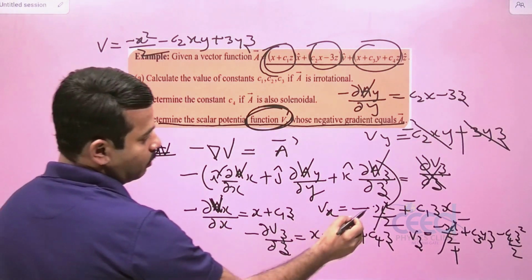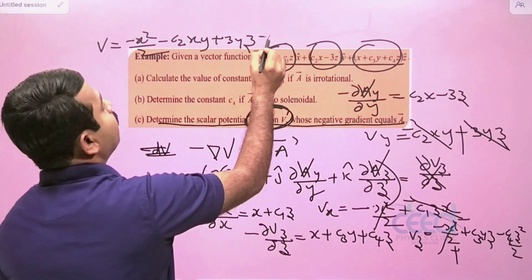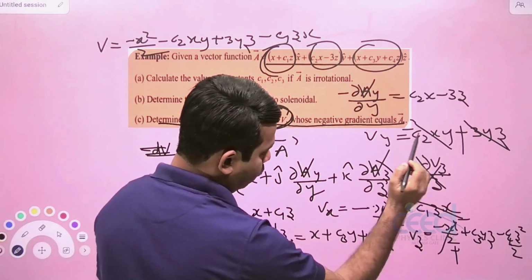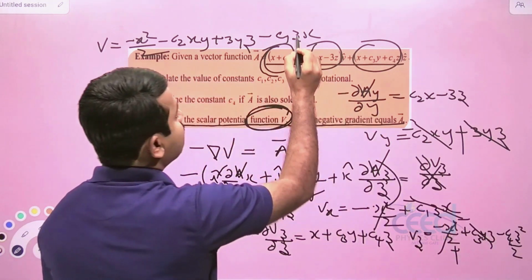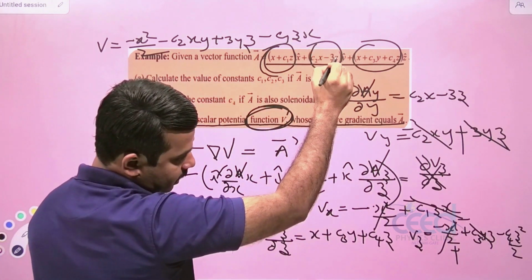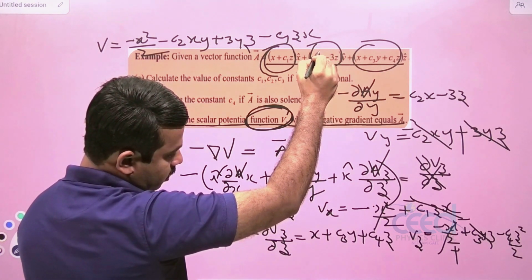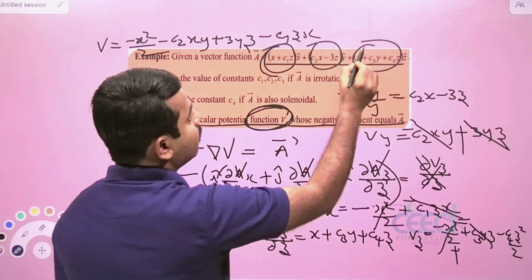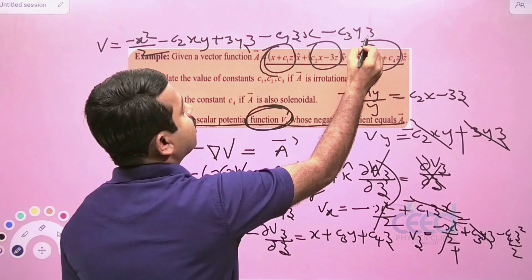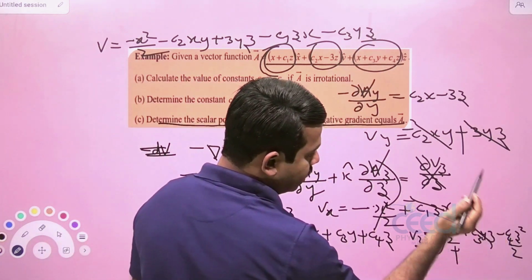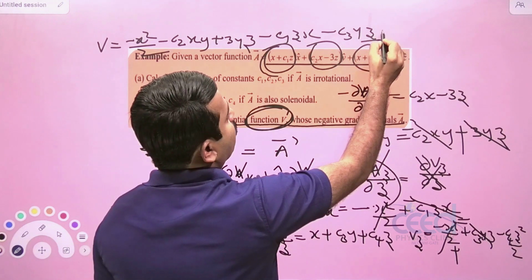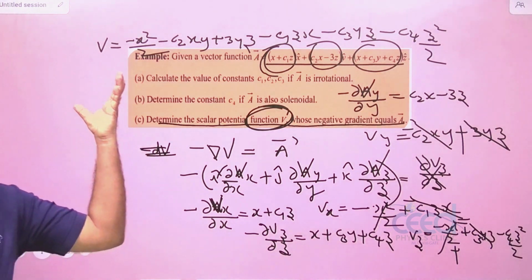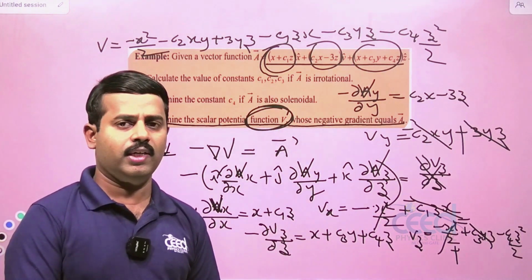Minus C1 zx is there, so this also we cancelled. Then minus C3yz, and now minus C4 z square by 2. So this is that particular scalar function.